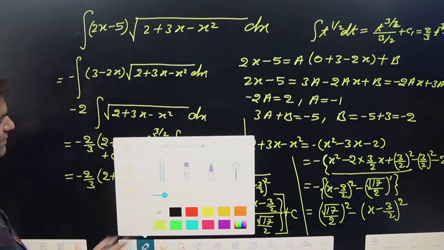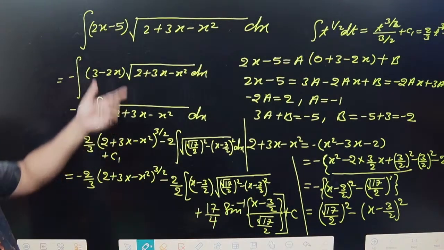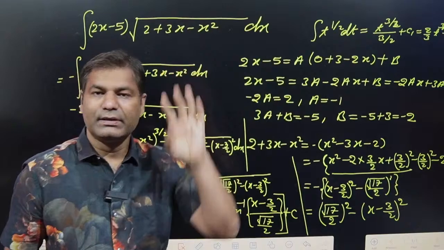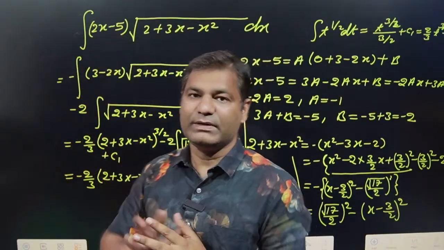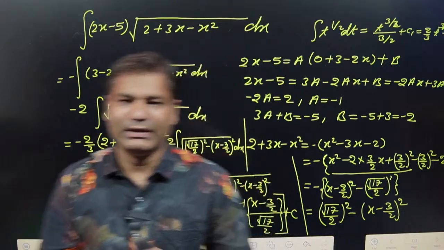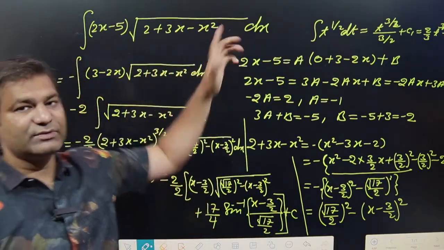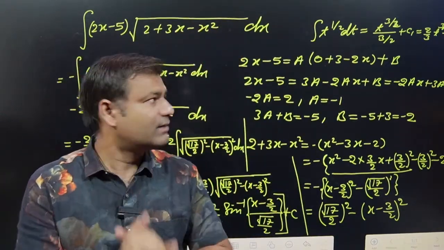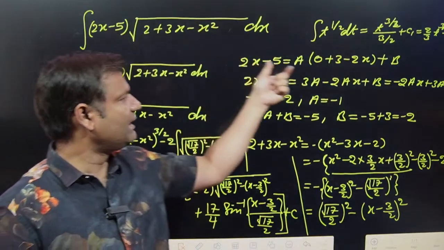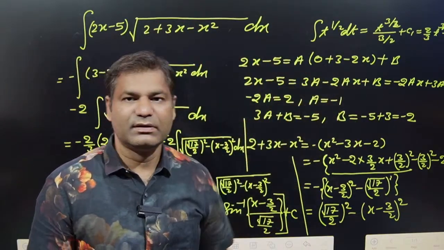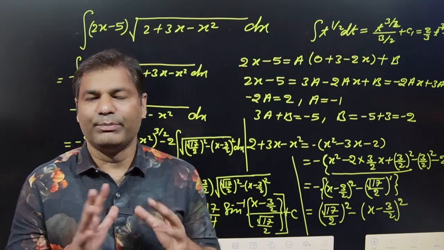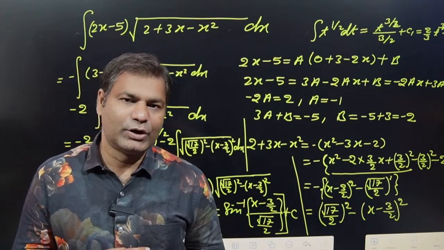How can we solve? Look here very carefully. Our motto: this one is given as 2x minus 5 into under root of a quadratic equation into dx. So simply write it as a into the differentiation of this quadratic equation plus b. After that compare, and we get a and b.